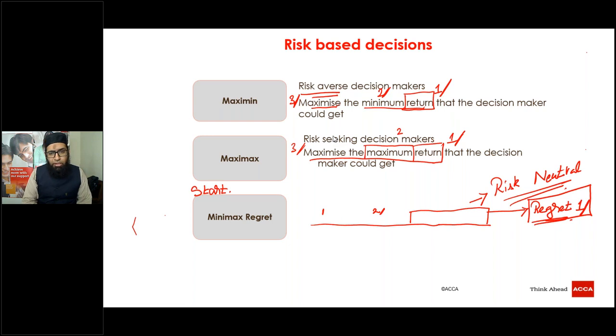We just had a brief definition of minimax regret, but today we will be calculating the regret first of all, and then we will reach the decision based on minimax. So there will be a discussion on that. I don't see any further question right now, so I think it will be safe for me to assume that there isn't any. So let's start with that.